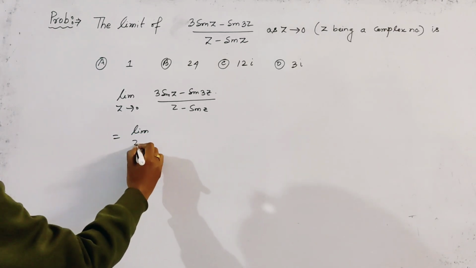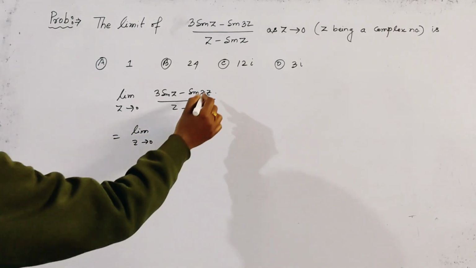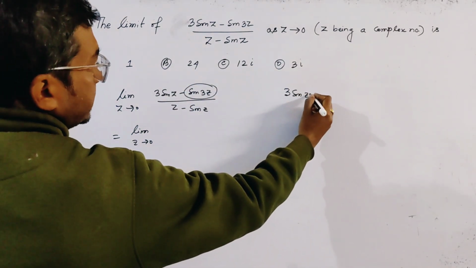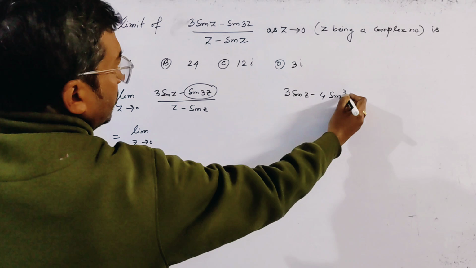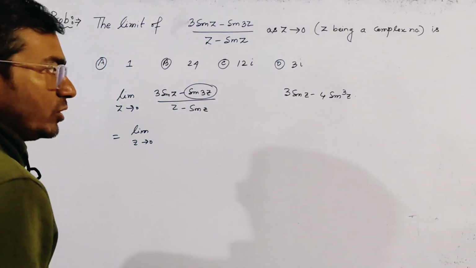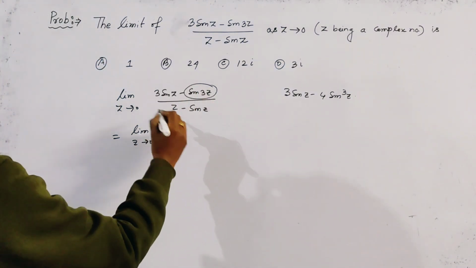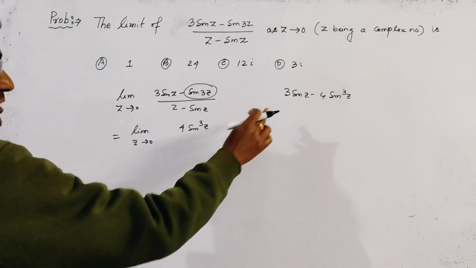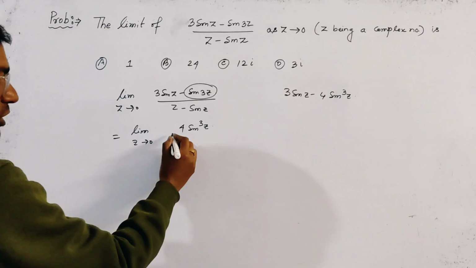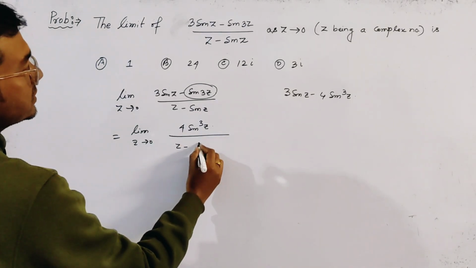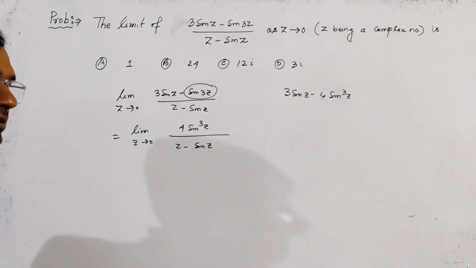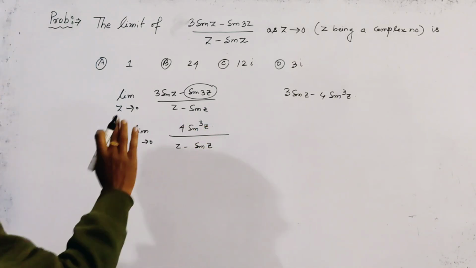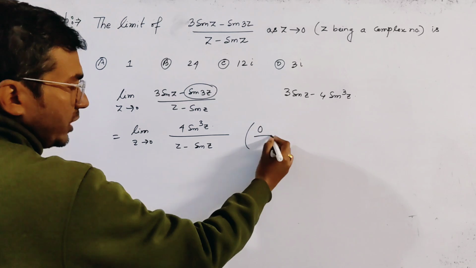We first use the formula of sin 3z, which is given by 3 sin z minus 4 sin cube z. So from the upper portion we get 4 sin cube z, because 3 sin z and 3 sin z cancel out, by z minus sin z. Now if we put z equal to 0 in numerator and denominator, then it is clearly 0 by 0 form.